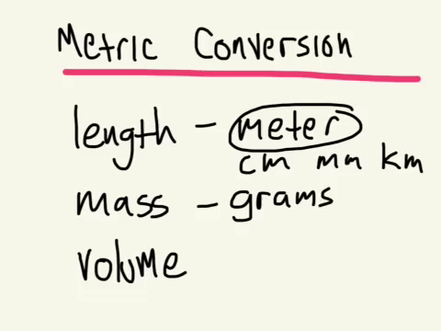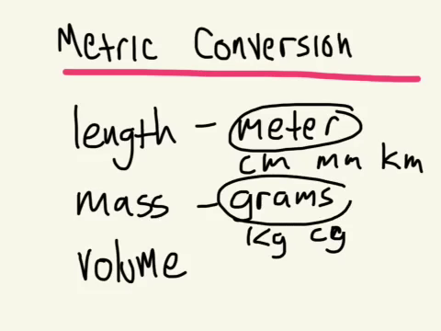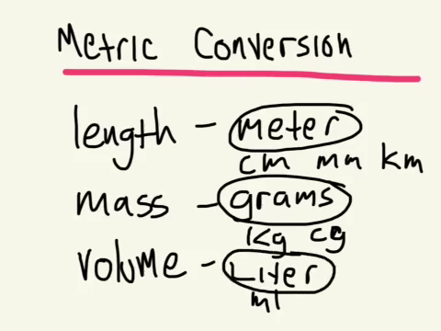And again, this can also come in different versions like kilograms or centigrams. But again, the basic unit is grams. And then there's volume. Volume is taken in liters. But you're probably more familiar with terms like milliliters. But again, the basic unit is still just liter.